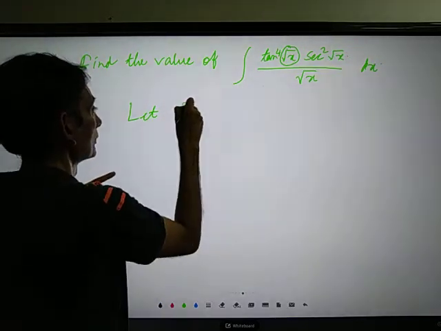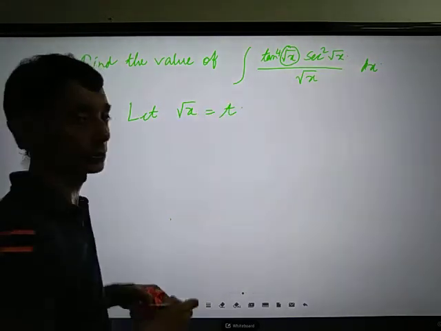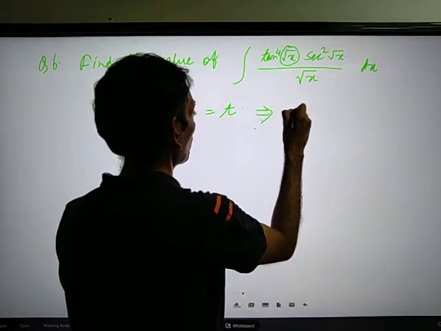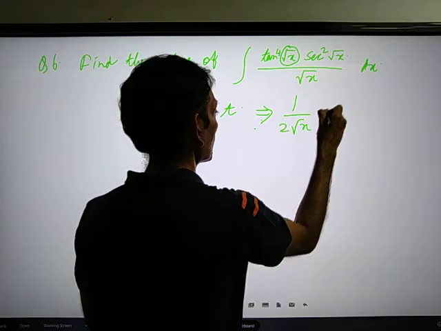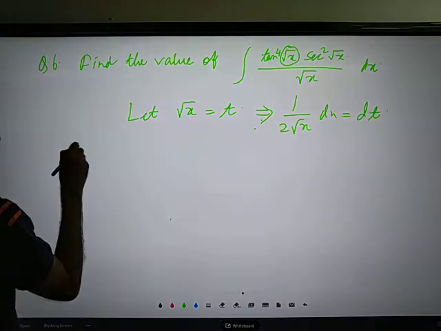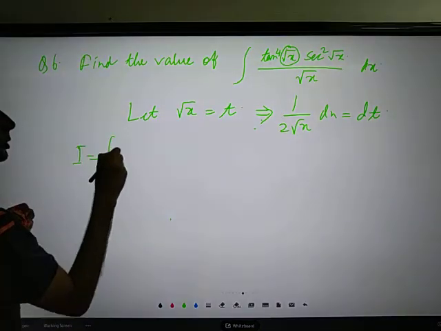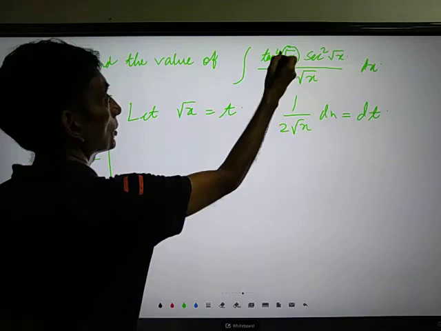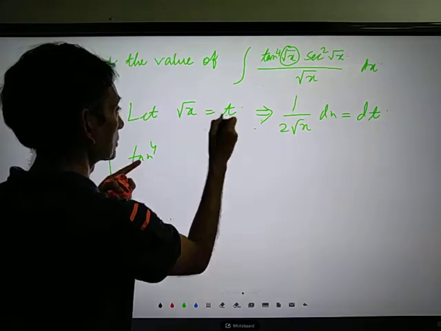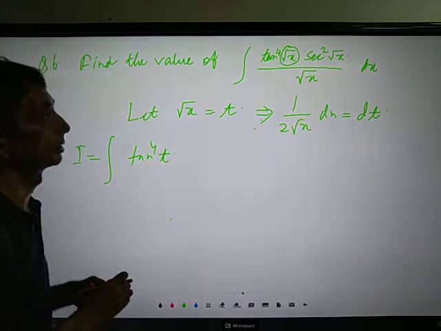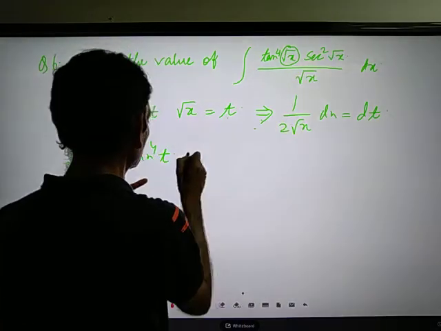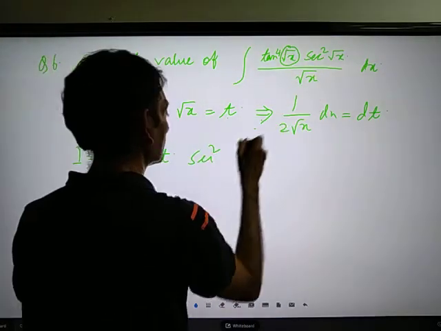Let root x be equal to t. If root x is equal to t, we differentiate this. The differentiation of root x is 1 by 2 root x dx, which is equal to dt. Let's write the integration: I is equal to 10 to the power 4 root x, just replace root x by t, so 10 to the power 4t, sec squared t.